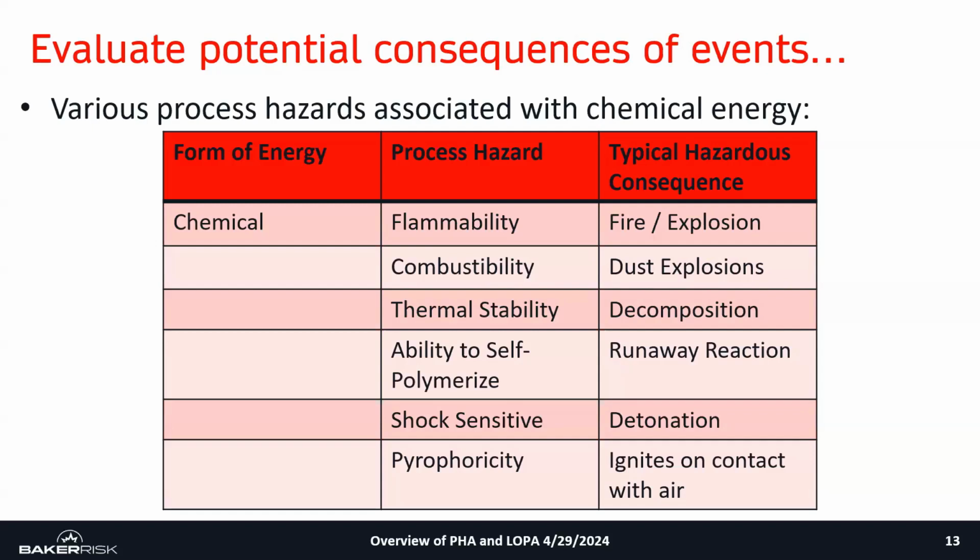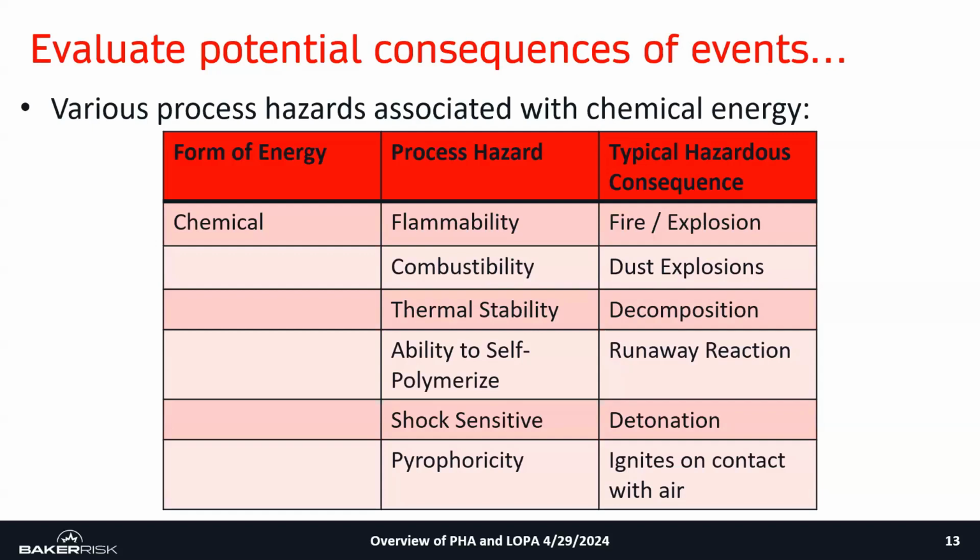Similarly, if you're working with combustible materials such as a combustible dust, your consequence will likely consider and include the potential for dust explosions. If you have thermally sensitive materials, they may experience decomposition if exposed to extreme temperatures.